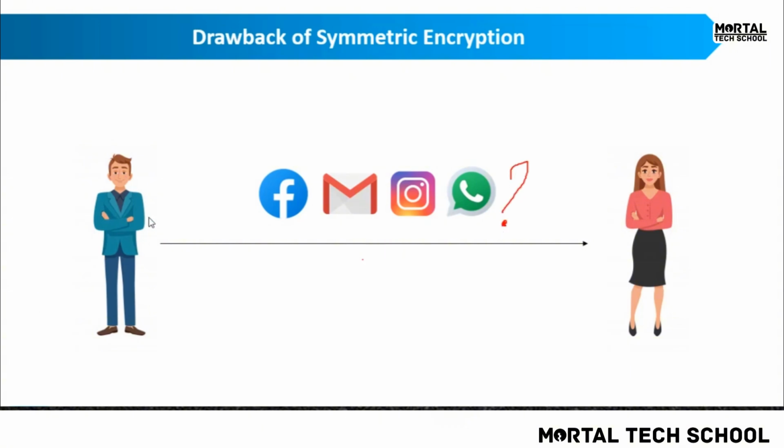Because even if the attacker gets to know the key, he gets to know everything. So secure sharing of keys is the drawback of symmetric encryption. How exactly will Bob share the key he used to encrypt the message so that Alice can decrypt?